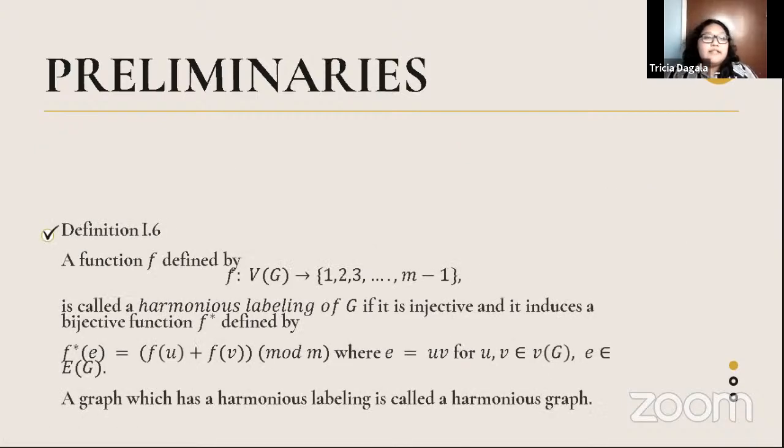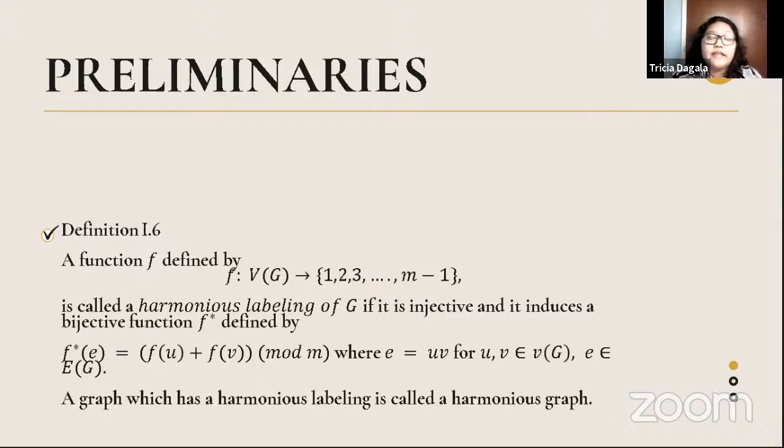Okay, so for the sixth definition, we go to the title. So what is a harmonious labeling? A harmonious labeling is a function from the vertex set of G to the set of integers 1, 2, 3 up to m.